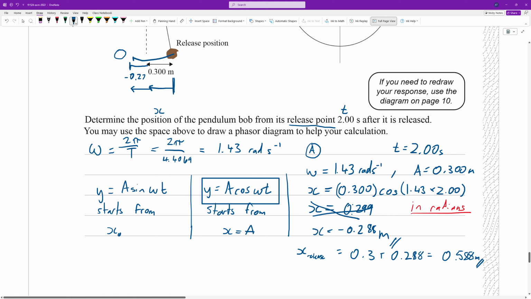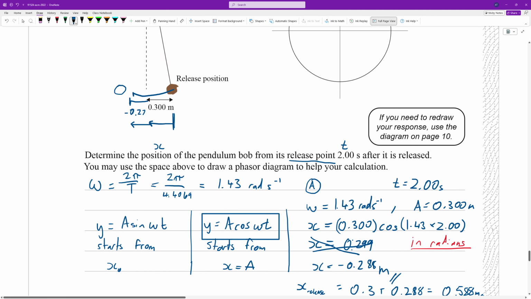All right, let's go through this one more time. This was the excellence question. So it's asking us to determine a position after some time. We know it's simple harmonic motion. We have found the time period. We can easily calculate the angular frequency, 2 pi divided by T, which is used in the displacement time SHM equation.